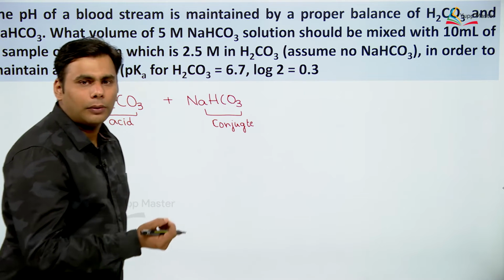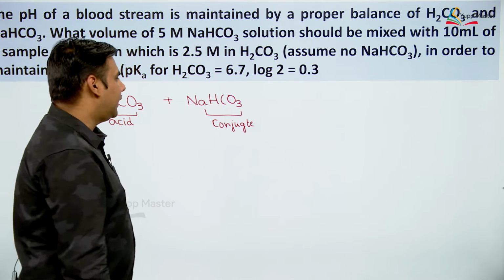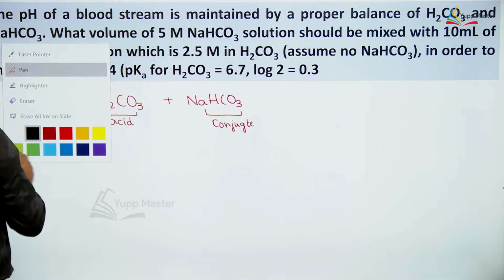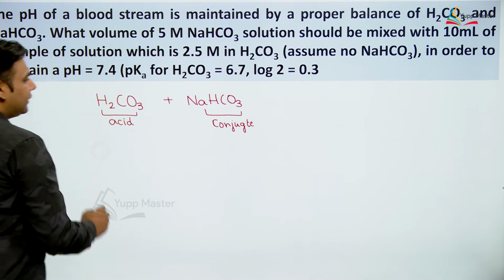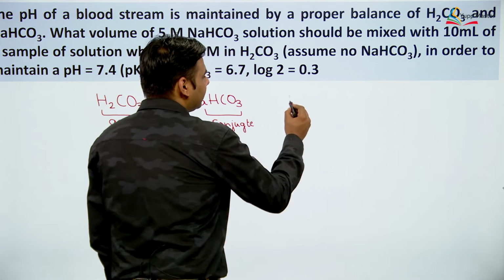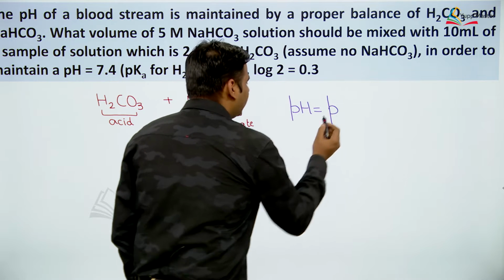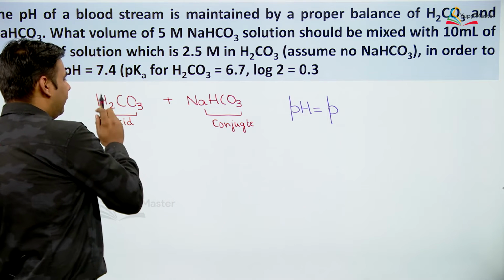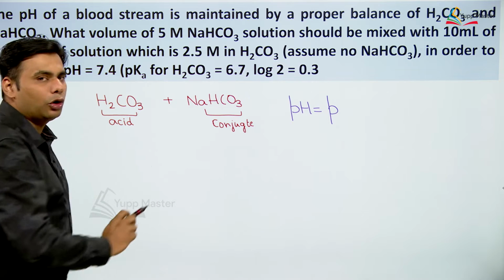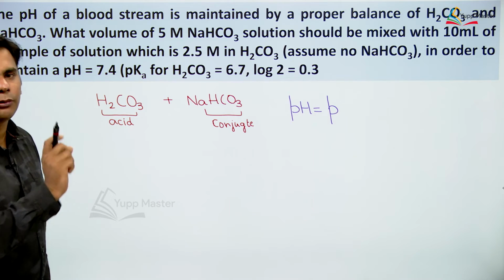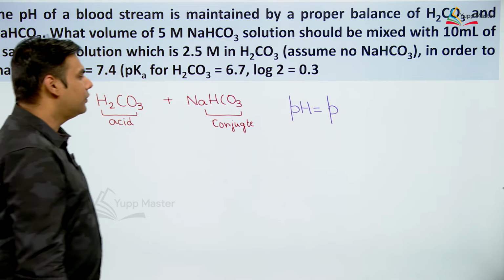Now we know from our previous understanding that the pH of buffer solutions is given by the Henderson-Hasselbalch equation, and in this case the pH is pKa. Now we should take pK1 here, because when H2CO3 loses a proton it forms HCO3 negative, so that corresponds to the first step of ionization of H2CO3.